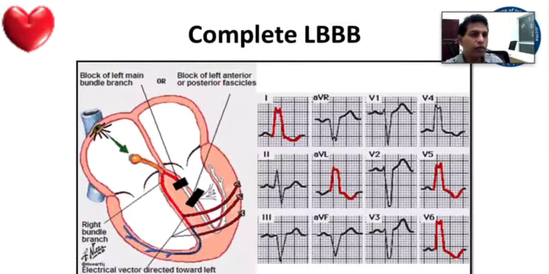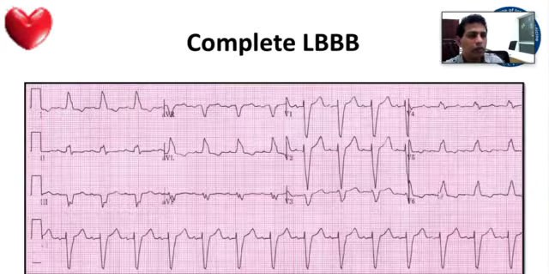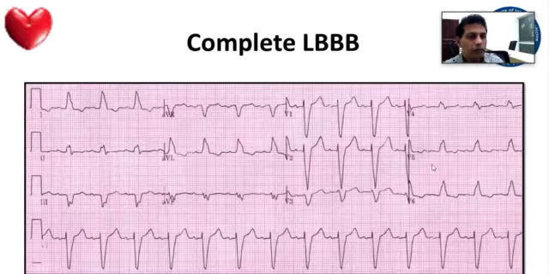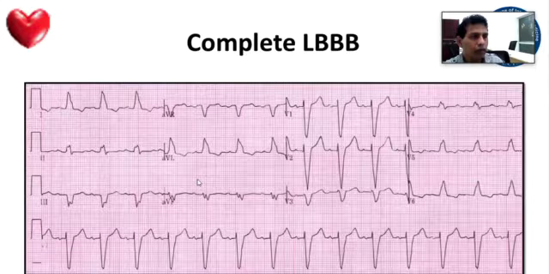Now this is the ECG of a left bundle branch block patient, and in V5, L1 and aVL, you can see wide positive QRS complexes, and this is due to left bundle branch block.